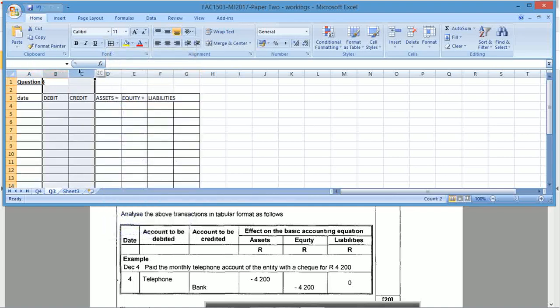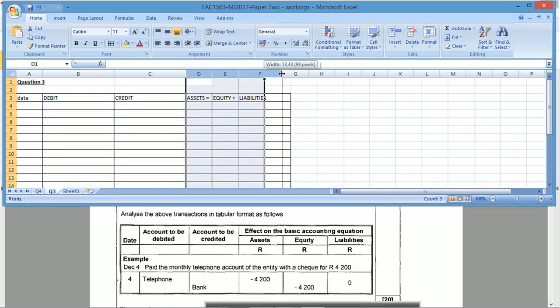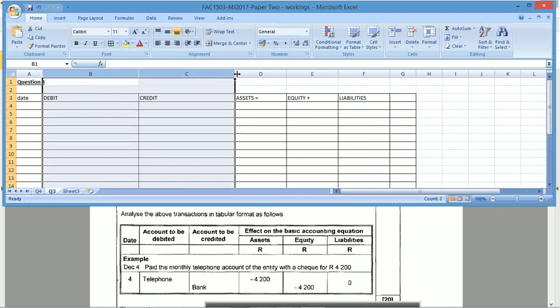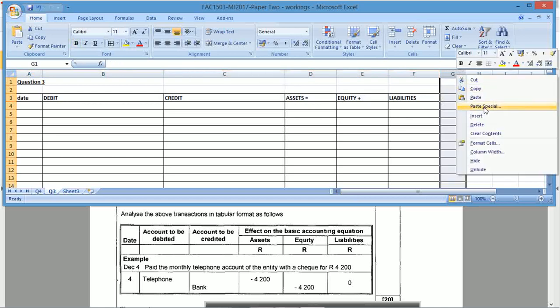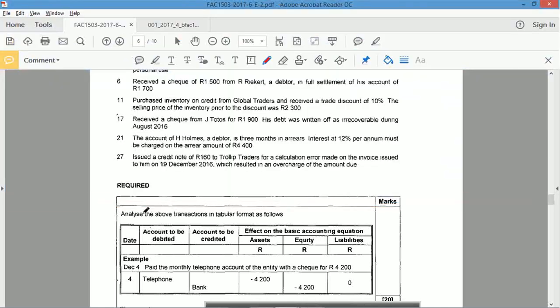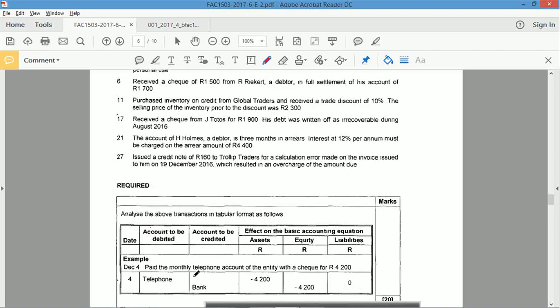Right, so you need to create your answer in the exam. Okay, that's what you're going to be creating for yourself. They want you to analyze the above transactions. They want you to use a plus or a minus for increase or decrease. They want you to show all calculations.